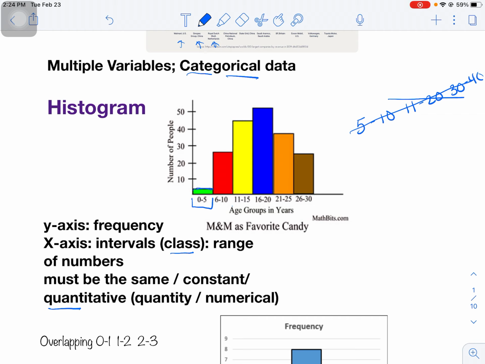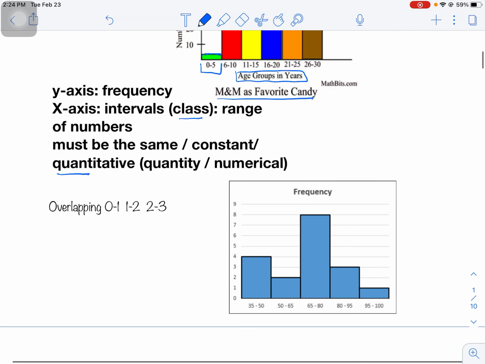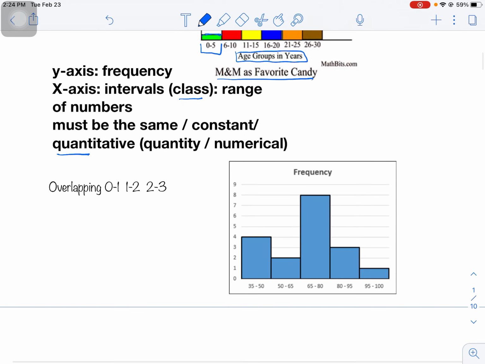Notice this whole thing is about M&M's as a favorite candy, and then they literally surveyed people in different age groups based on that. So we could look at this and say, oh, well, the most popular age group that loves M&M's, their favorite, is 16 to 20. That's the highest amount. All right, you occasionally see some histograms that have overlapping data.